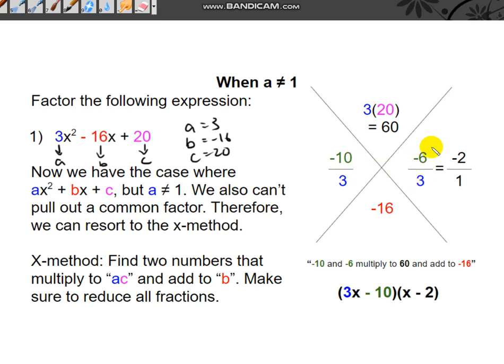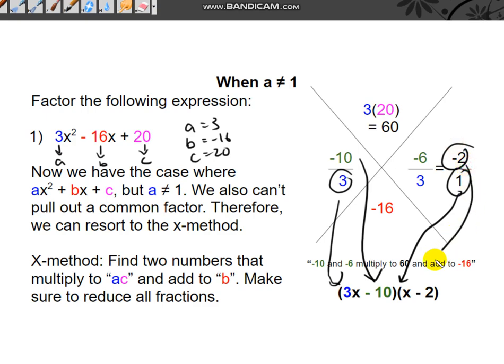When you reduce the fractions, if you can reduce it to something over 1, make sure you put it over 1, because this is the coefficient that goes in front of x. So when you reduce this, the 3 goes in front of the x, and the negative 10 comes right here, and then the 1 would go in front of the x, and we have a minus 2 that goes there.